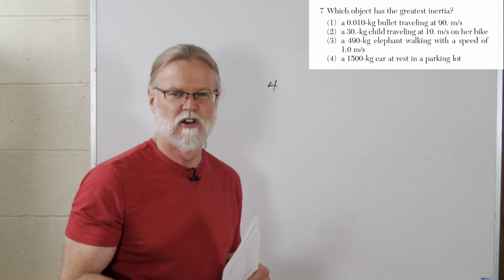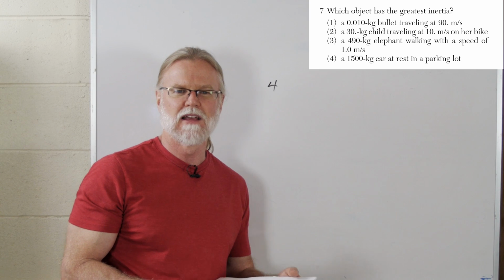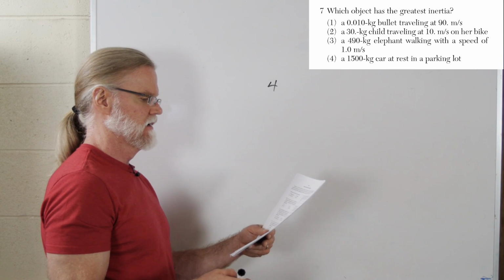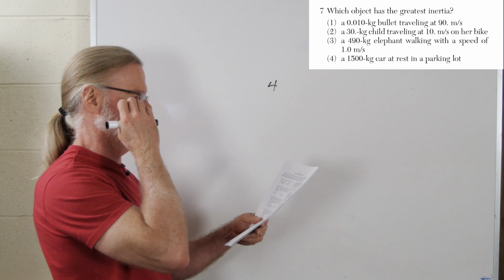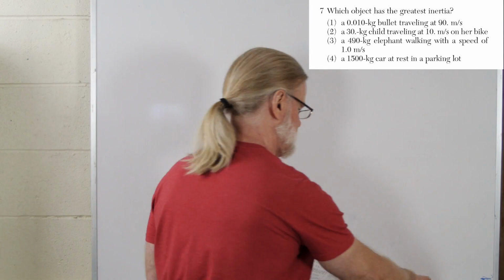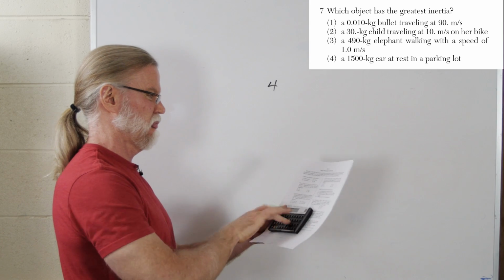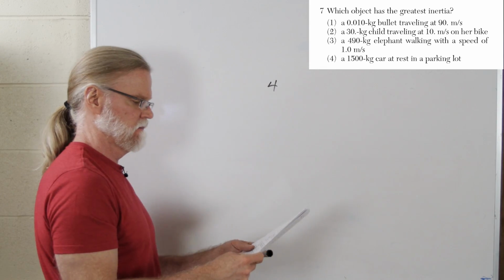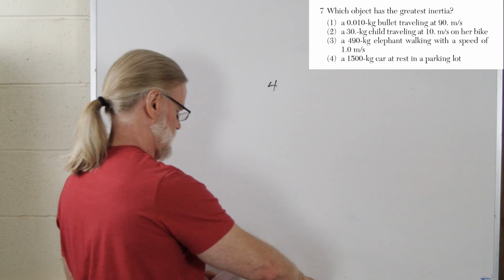That's because of its inertia. It's a basic property, and it's strictly due to the object's mass. So I guess 1,500 kilograms seems like the most mass to me. Well, let me check. Yes, 1,500 is the largest number. Kilograms. So 7 was 4.